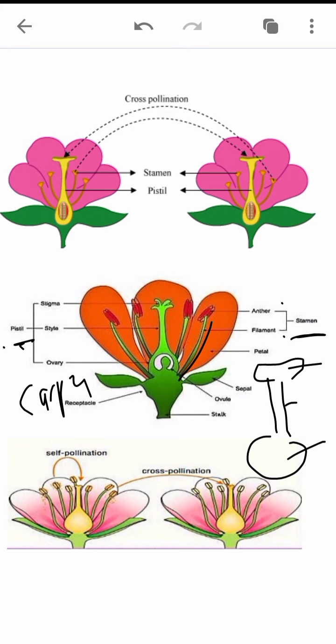So the main four parts of the flower are calyx, corolla, androecium, gynoecium. Calyx means group of sepals, corolla is group of petals, androecium is group of stamens, gynoecium is group of pistils. Many pistils together are called gynoecium.